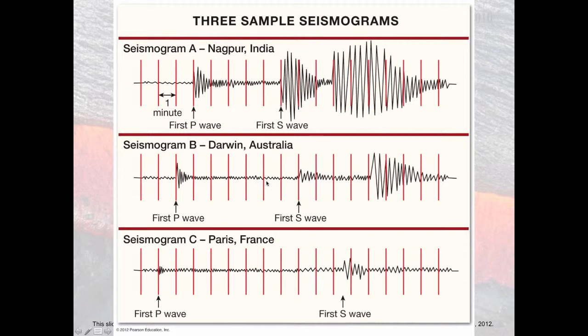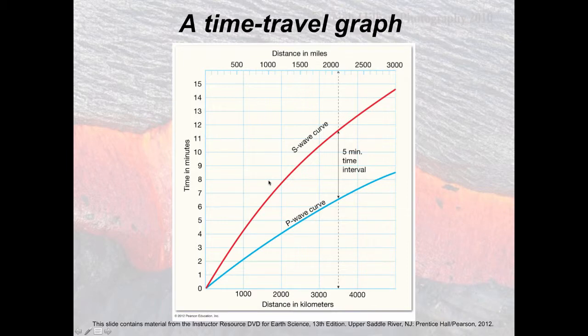So we've got a 5 minute, a 7 minute, and a 10 and a half minute arrival difference between the P and the S wave. Seismologists can use the differences from those 3 stations to figure out a distance from the earthquake location.